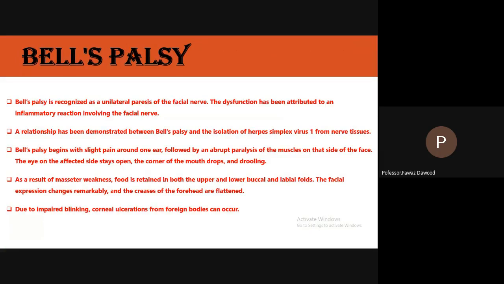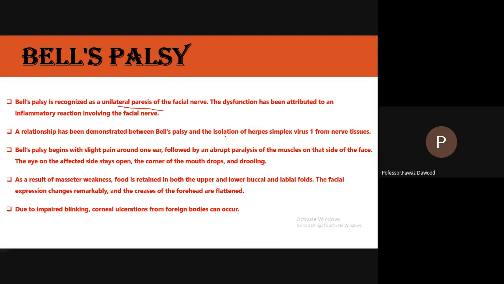Another neuromuscular disease is facial palsy, or Bell's palsy. It is very common and very important to know the etiological factors and the management. Let us talk about its etiological factors in general, which affect the muscles of one side of the face.